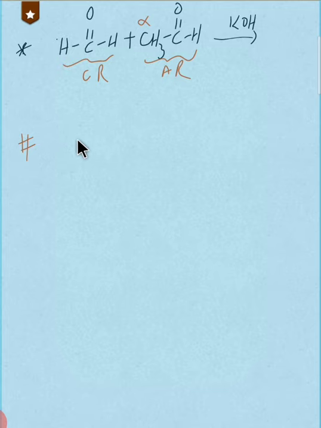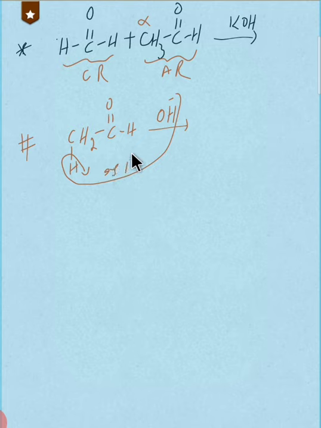So the mechanism is, let me show one alpha hydrogen here, because this will be abstracted by the base OH minus ion. So OH minus ion will abstract one hydrogen from alpha carbon atom as base. So this will form an enolate ion, right? So this will be our enolate ion, which is stable due to resonance.